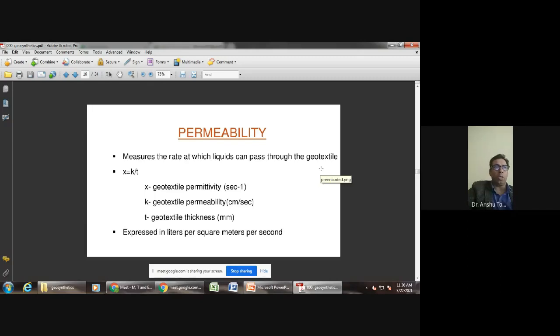You will have to use another geotextile which is going to give you the permeability as per the requirement of the project.